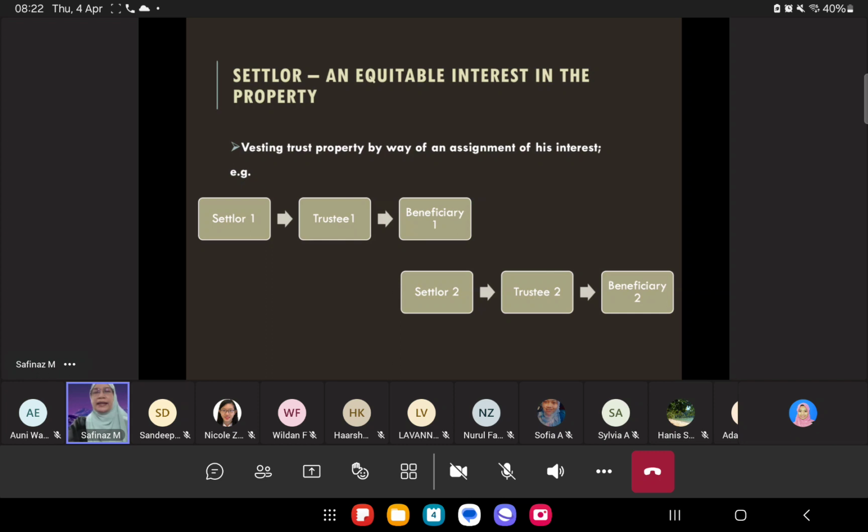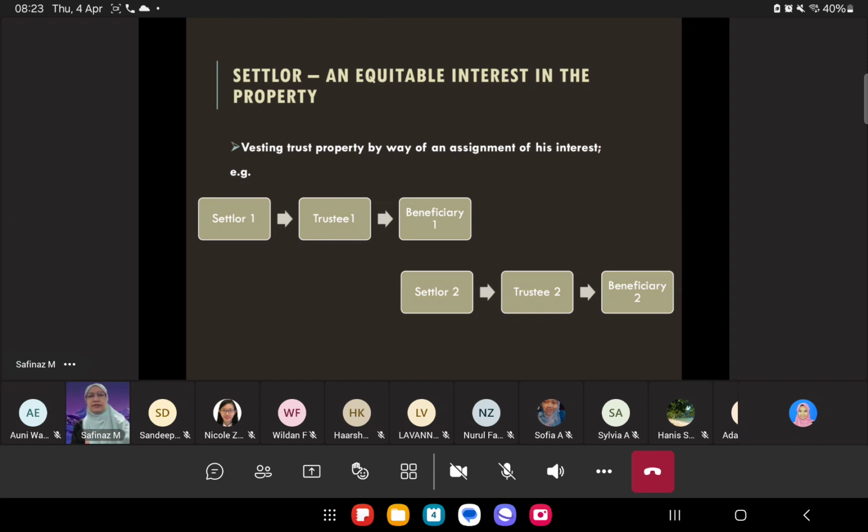So in this situation, bagaimana dia nak pastikan the trust is completely constituted and therefore ada that vesting of property onto the trustee tu, sebab dia tak boleh effect transfer sebab dia belum ada legal ownership kan. So dia nak buat macam mana? Dia akan assign interest dia, kepentingan dia dalam harta amanah tu yang dibuat oleh settlor number 1 tu.